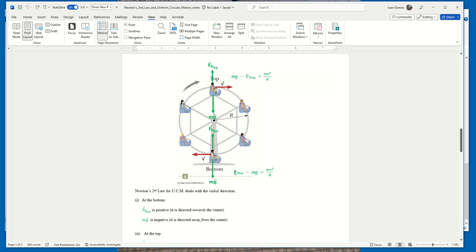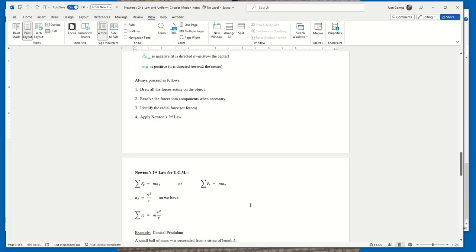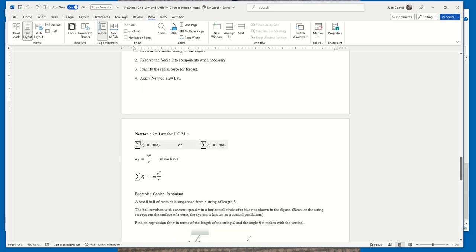So here, Newton's second law for UCM states that the sum of all the radial forces equals the mass times the centripetal acceleration. And remember, centripetal and radial mean the same thing.